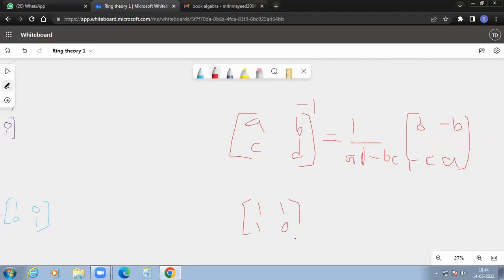What will be the inverse in this case? It will be 1 upon ad minus bc, which is minus 1, and in this case the position of d will be 0 here, b is negated, c is negated, and a is 1 here. I hope you agree.